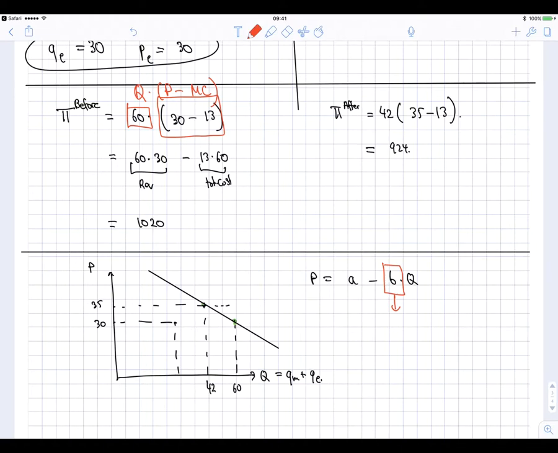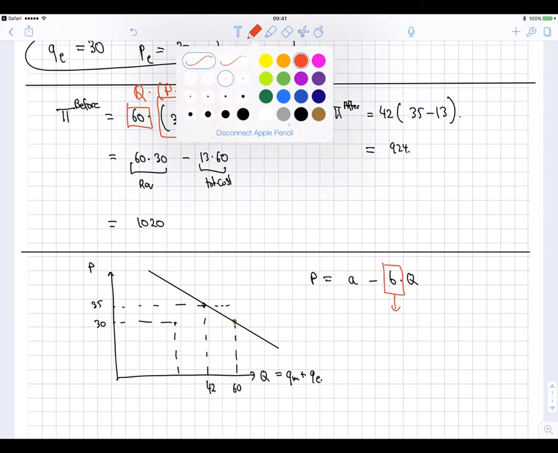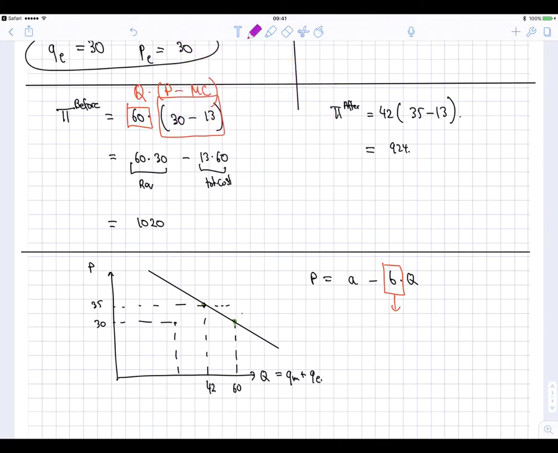Well, do the rise over run. When I moved from the original point A to this next point B, what was the rise, or the change in price, the delta P? It was just 5. What was the run here? It was 18, or minus 18 if you like, right?